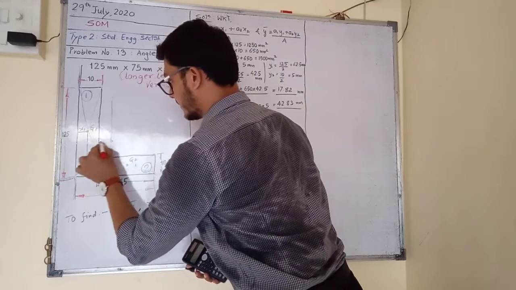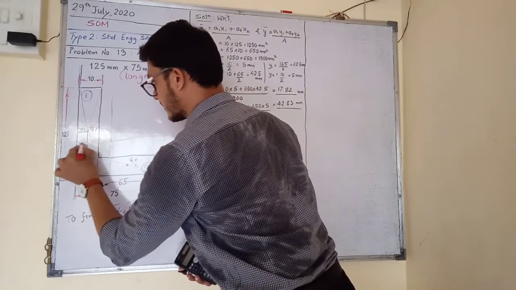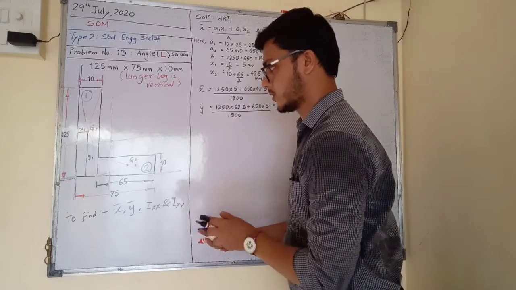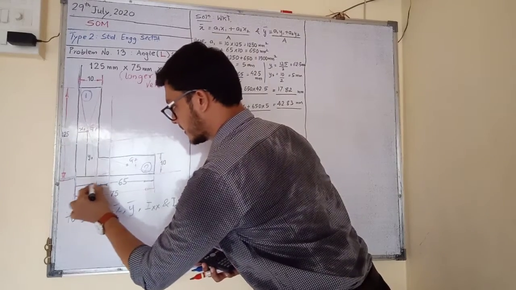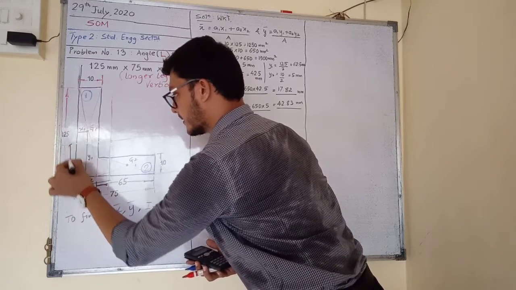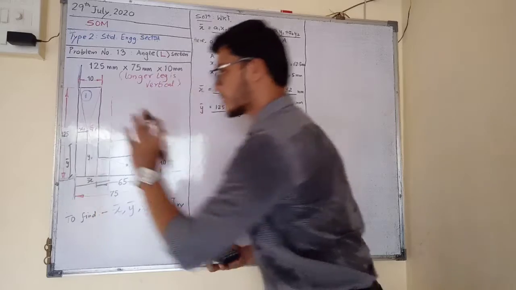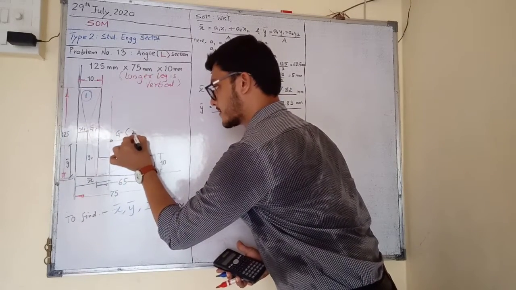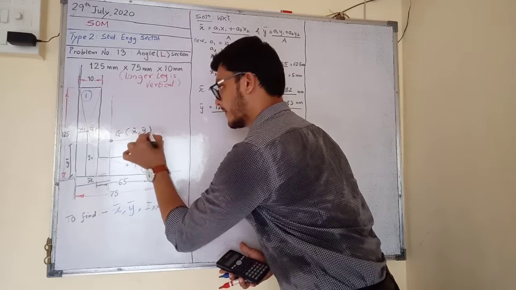So this will be vertical distance 42.83. I'll show it over here. This much is x bar and this much is y bar. Approximately you have to show. And this is G, x bar comma y bar.